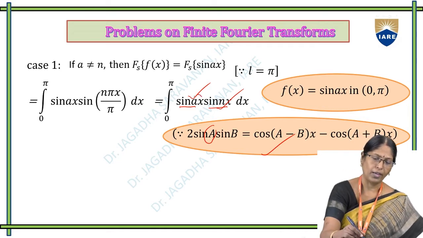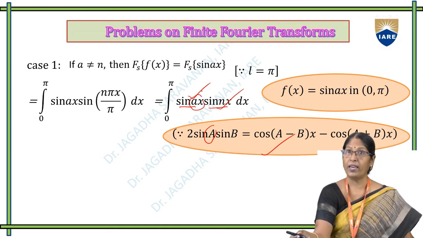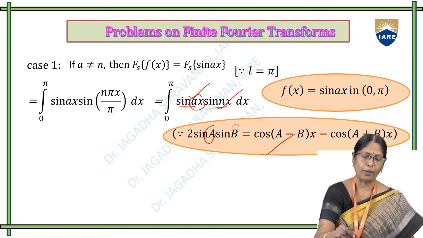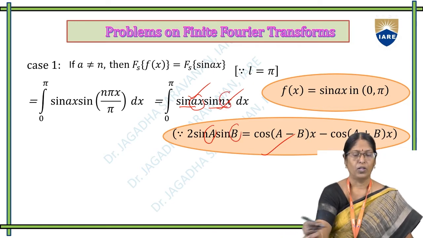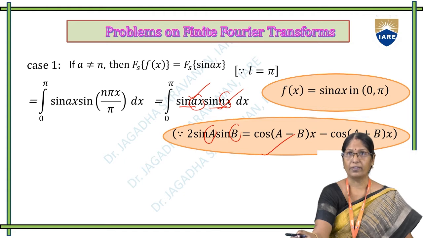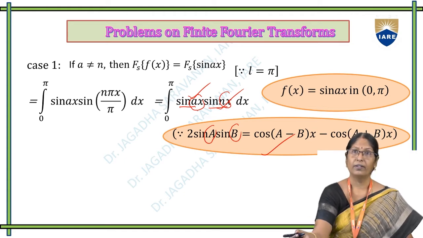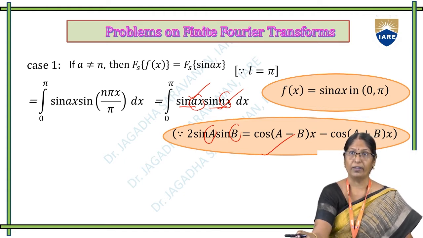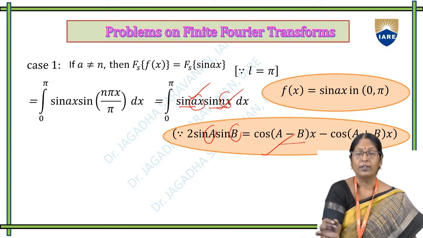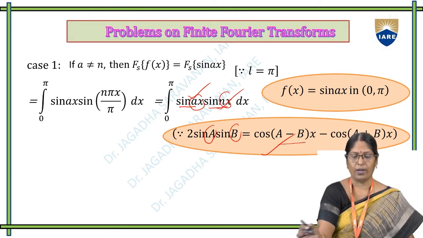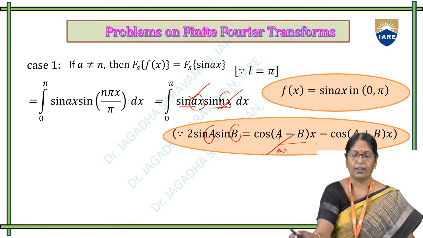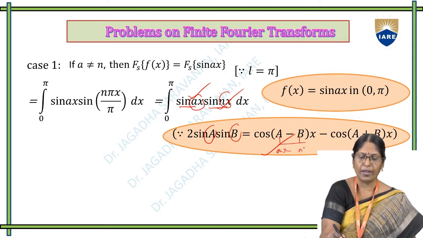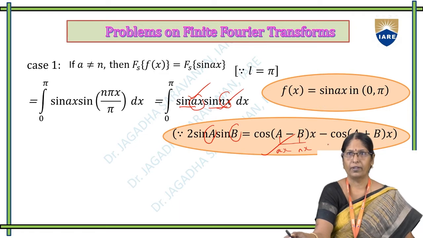In our problem, AX is there, and capital B is NX. So in the right-hand side of the formula, capital A is replaced by AX and B is replaced by NX.